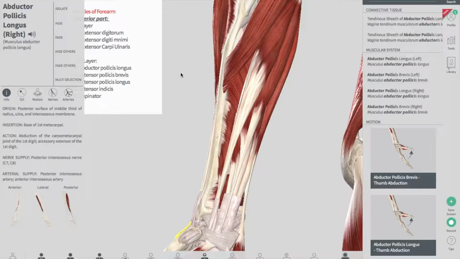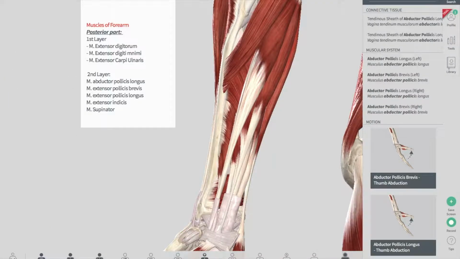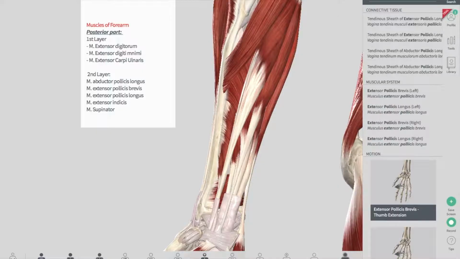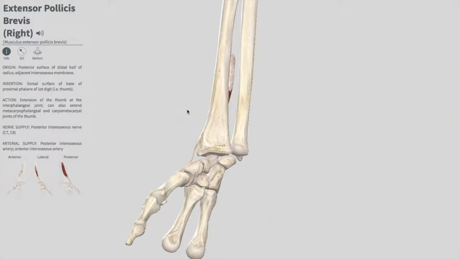And then you have the extensor pollicis brevis. Extensor pollicis brevis, as you see here. So also going to search for that one. Just replace abductor with extensor. Here it is, the right one. It's going to be this one.